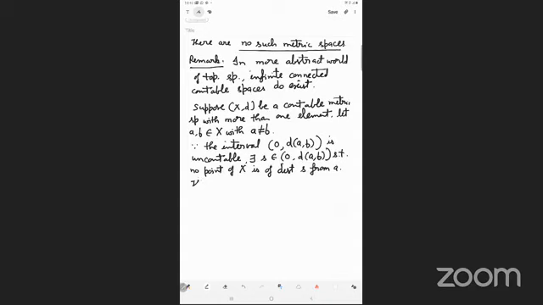Then considering the open ball B(a, s), which is nothing but the set of x belonging to X such that distance of a, x is less than s, and the closure of this, which is the set of x belonging to X such that distance of a, x is less than or equal to s.